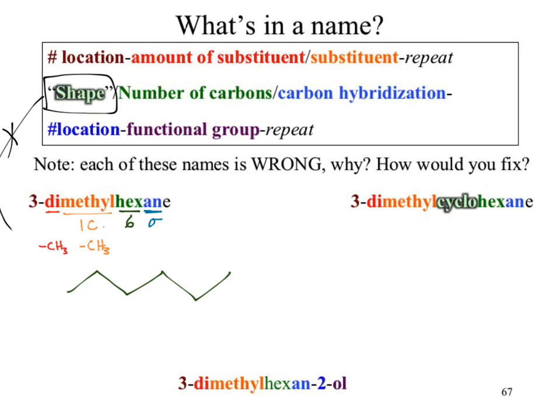Okay? The next part is the location. They're located at which position? At number 3. Where is number 3 on my carbon chain? Okay, now too many people shouted it out. 1, 2, 3, right? Or 1, 2, 3. 2 different directions I could have numbered this to get those methyl groups located.